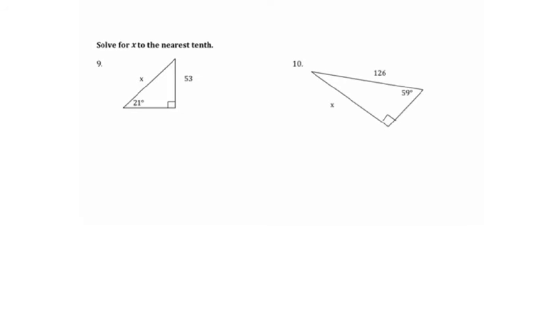Okay, now we're looking at 9 and 10. 9 and 10 are really easy. We have an angle, we have an opposite, and we have a hypotenuse. Opposite over hypotenuse is sine. So it's sine of your angle equals opposite over hypotenuse.